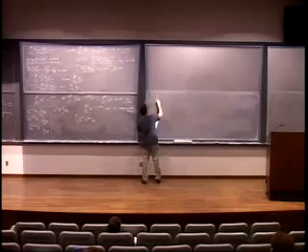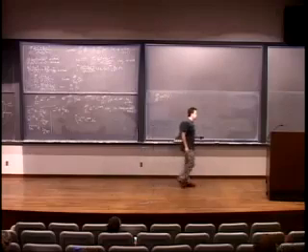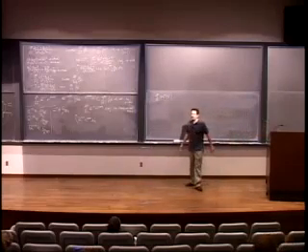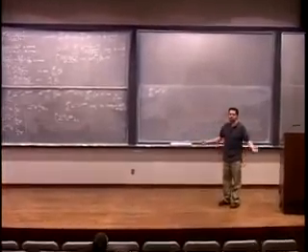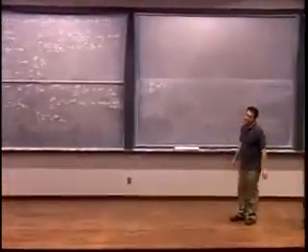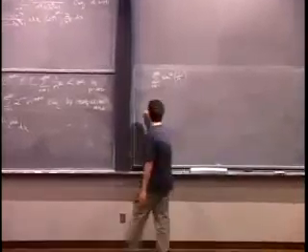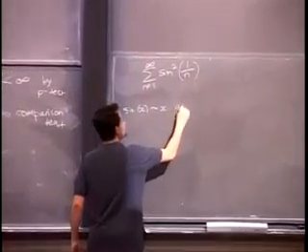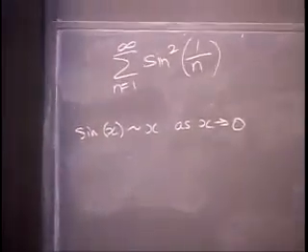Sum n equals 1 to infinity, sine squared of 1 over n. Now, in this case, when n gets large, what happens to 1 over n? Small, near 0. So we're taking a sine of a very small number. You may recall that sine x twiddles x as x goes to 0. After all, the limit of sine x over x is 1.